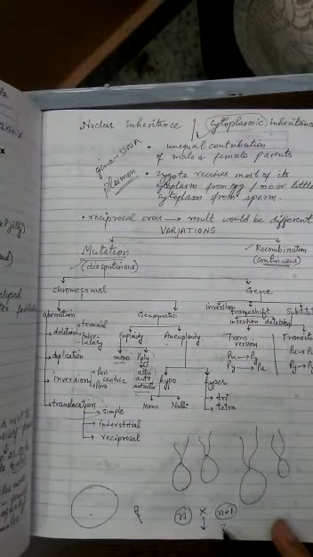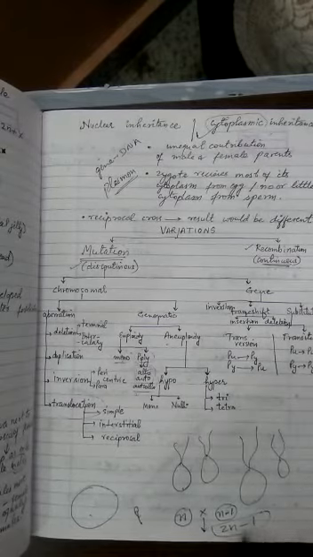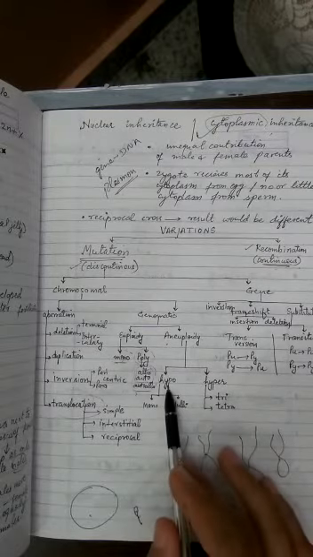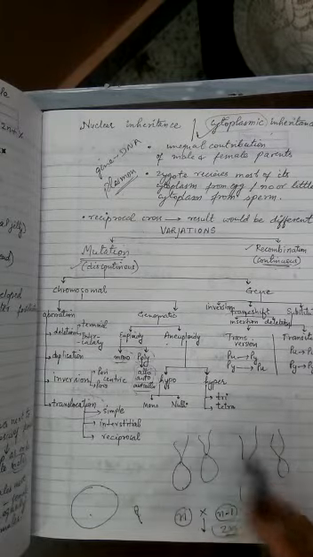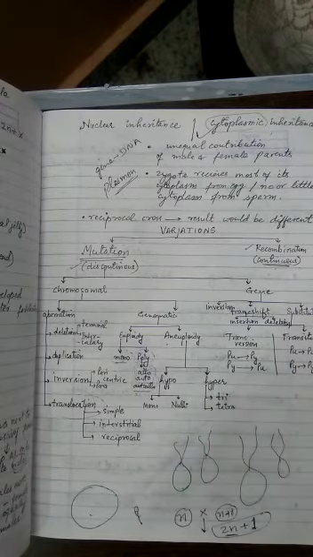So when such fertilization takes place, the individual born will have all chromosomes normal except one chromosome less. So you will call it hypoaneuploidy. If it is an extra, you will call it hyperaneuploidy.